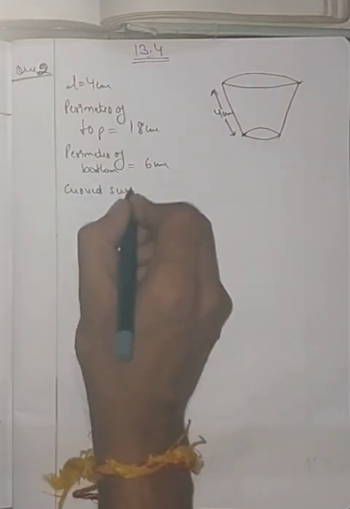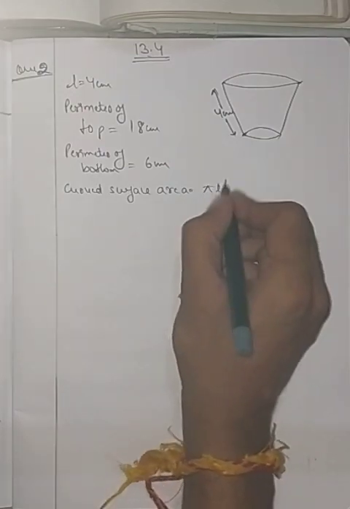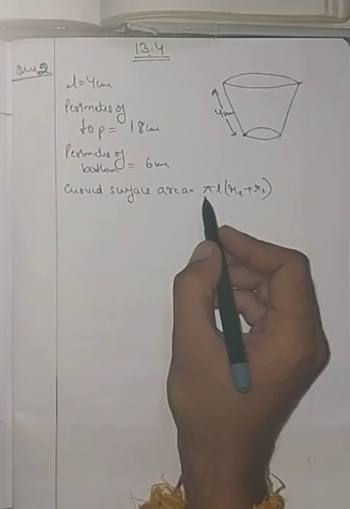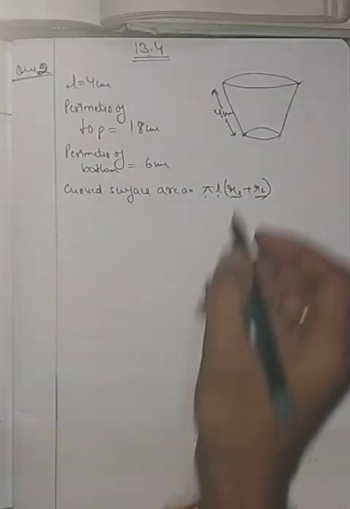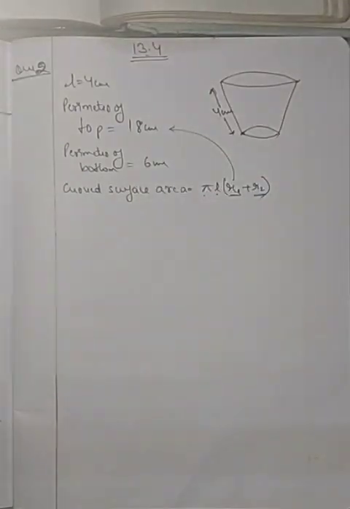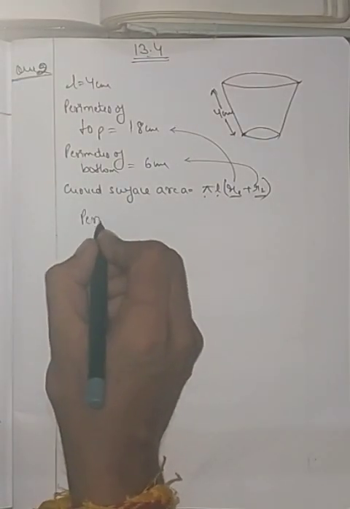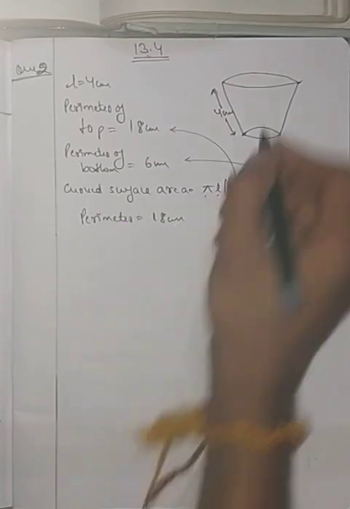Formula for curved surface area is pi L (R1 plus R2). We know the value of pi and L, but we don't have R1 and R2. R1 we will get from the perimeter of the top. R2 we will get from the perimeter of the bottom. Let's solve it. Perimeter is given 18 cm.